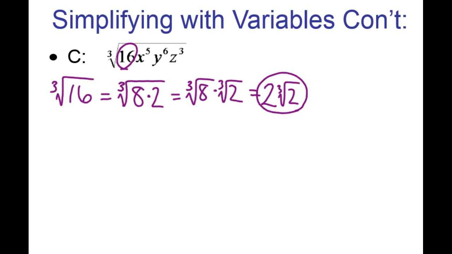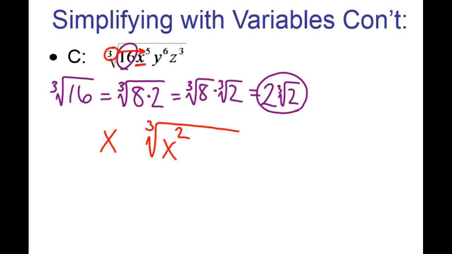However, that's not my final answer. That's just my final answer for the numeric portion. So I still have to work with my x to the 5th, y to the 6th, z to the 3rd. And like we did before, I'm going to look at how many times 3 goes into 5. Well, 3 goes into 5 once. So I will have 1 x come out, and I would still have a 2nd power underneath my cube root sign.